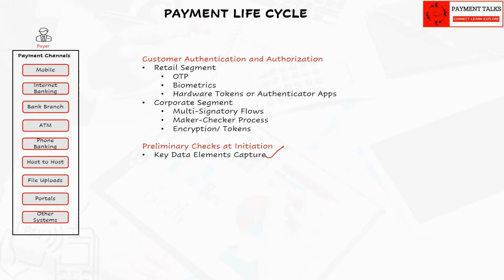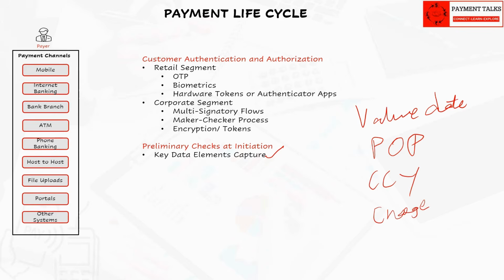But based on the scenario, bank expects customer to provide additional information like when do customer wants payment to be done, that is value date, why they want to do the payment, that is purpose of payment, and if the payment is a cross border payment, then in what currency customer wants to send, who will bear the charges if any, that is charge code, etc. These are needed on top of the basic payment details.